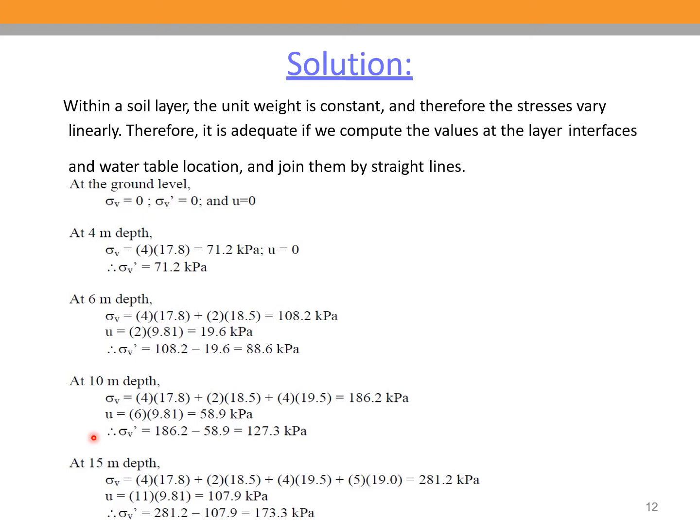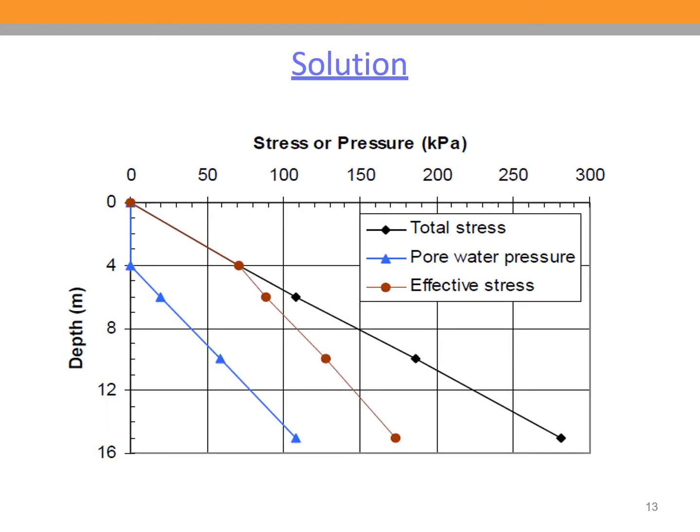And then at 15-meter depth, similarly, we have determined the sigma V, the total vertical stress, then the pore water pressure U, and the effective stress at that particular level. Now, when you have all these values with U, we can plot the stress, or you can say the pressure diagram, like that.